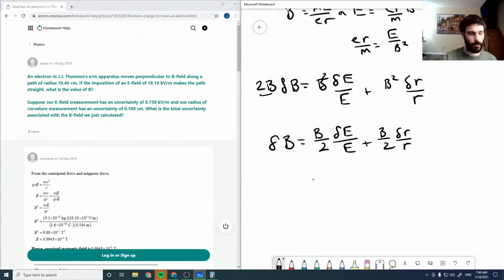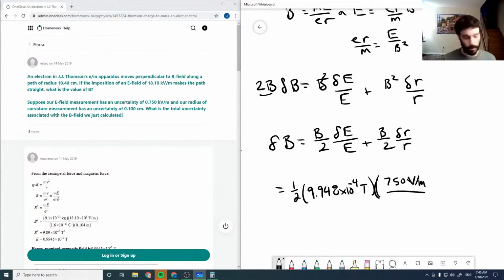And so then we have our B field, which is just, so 1/2. Our B field was calculated as 9.948 times 10 to the minus 4 Tesla. Our error in our E field is given as 750 volts per meter, so it's 0.750 kilovolts, but I just converted it over, 10 times 10 to the 3 volts per meter.